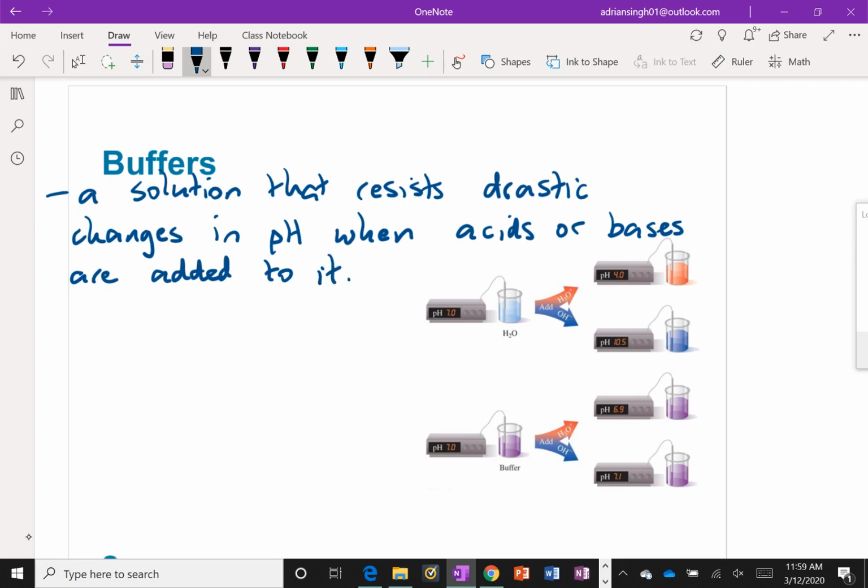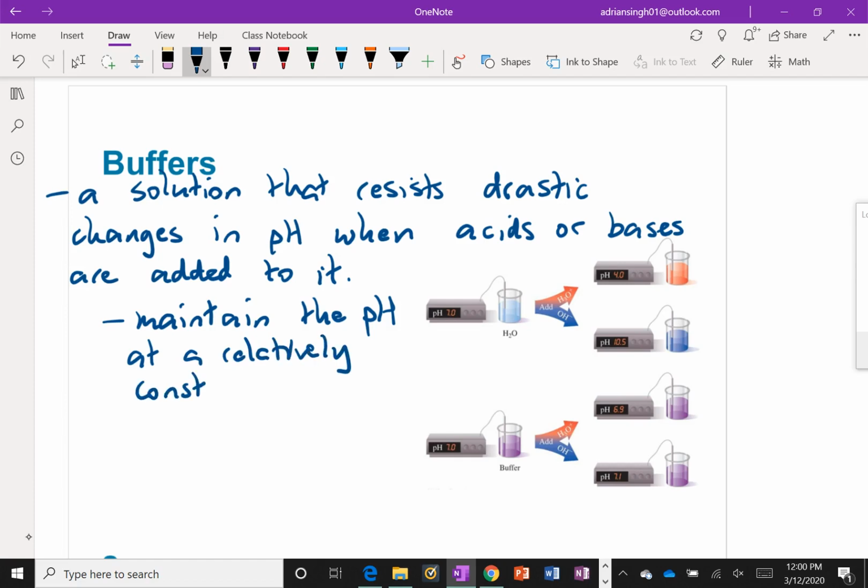All right, so really you can think of the function of a buffer is to maintain the pH at a relatively constant level.